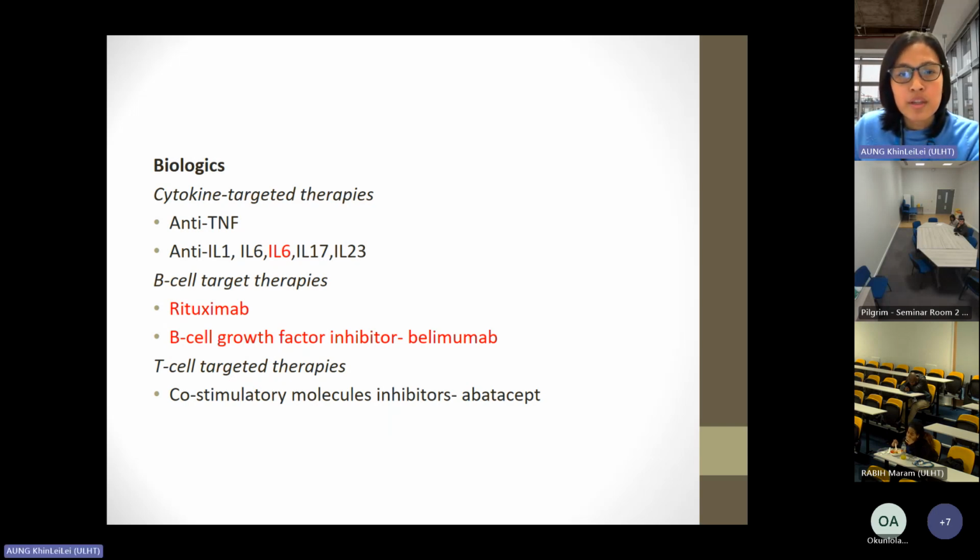All these biologics can be used in rheumatoid arthritis, mainly for the arthritis. But rituximab can be used in lupus patients, Sjogren's syndrome, inflammatory myopathy, systemic sclerosis. So actually the treatment depends on the severity of the disease and organ system involvement.